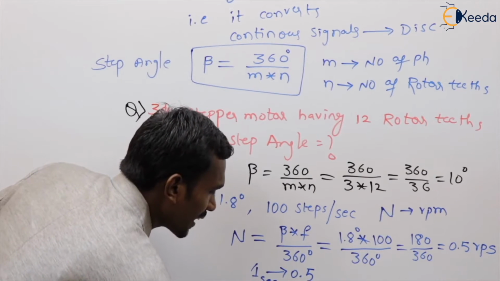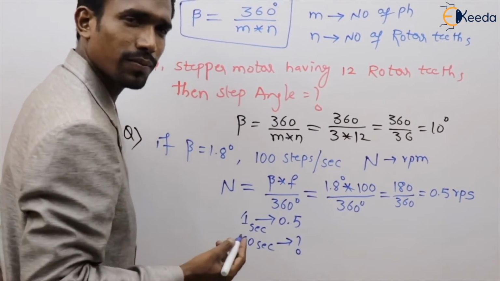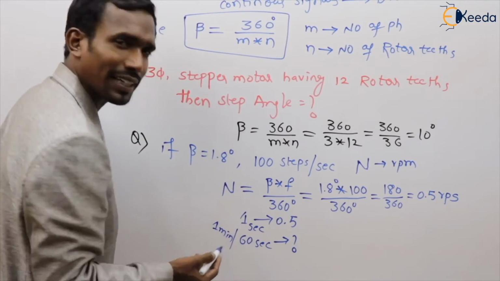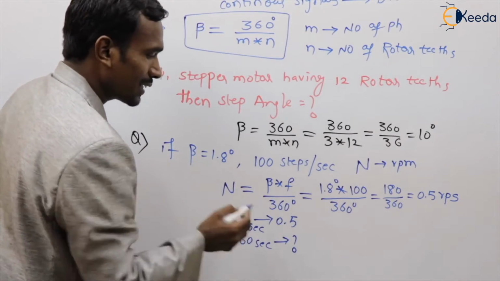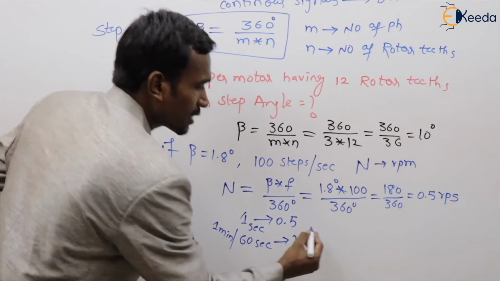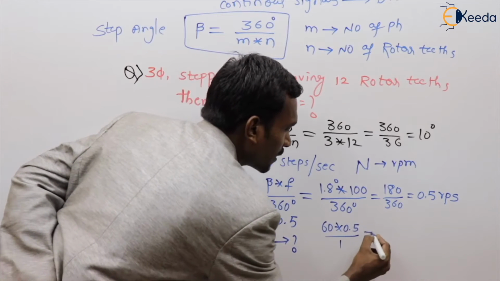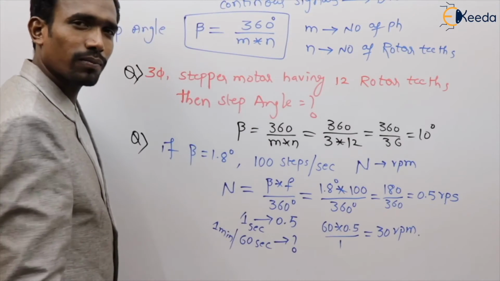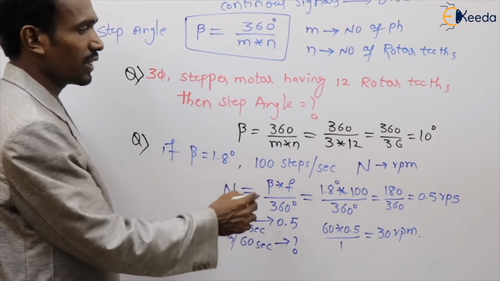For 60 seconds, nothing but 1 minute, how many revolutions? 60 into 0.5 divided by 1 is 30 revolutions per minute. This is a very important question.